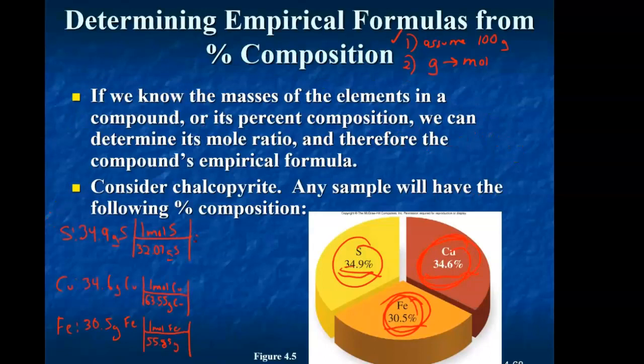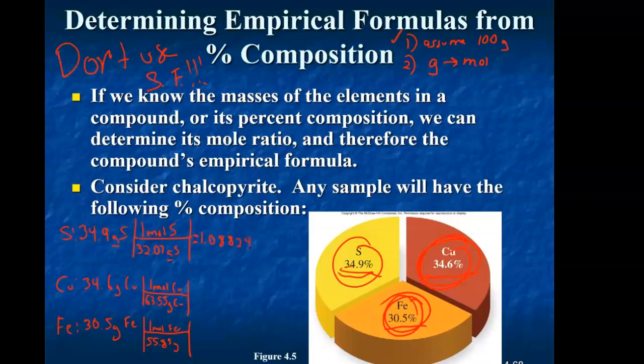Don't use sig figs. This is the only time in chemistry I'm ever going to tell you, don't use sig figs. So if we have 34.9 divided by 32.07, I'm just walking you through this so you can see these steps. This is what my calculator says.